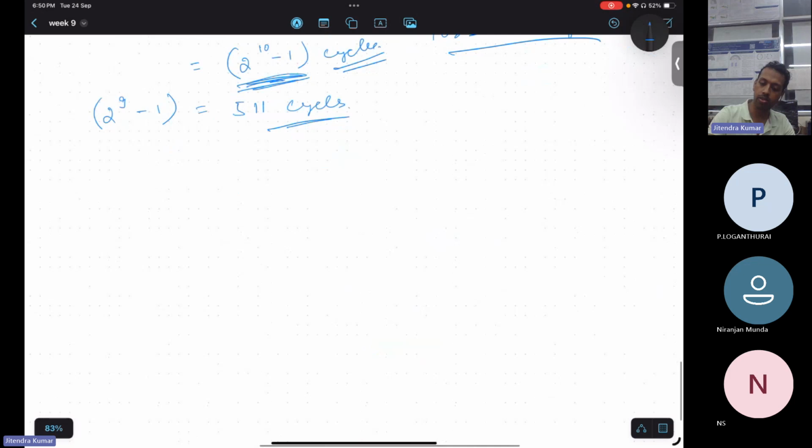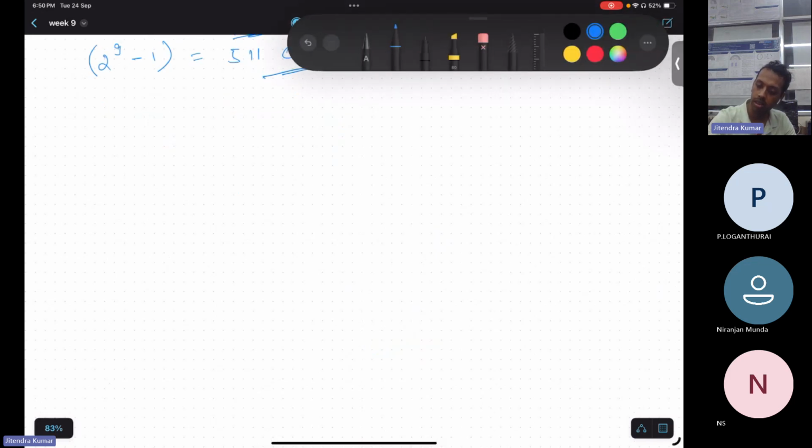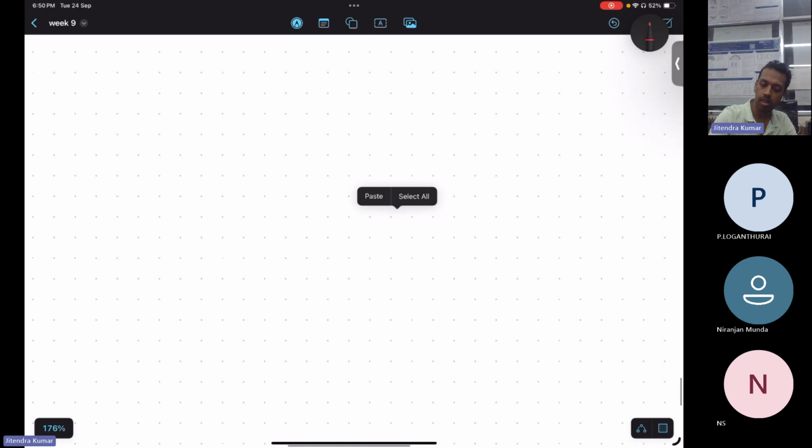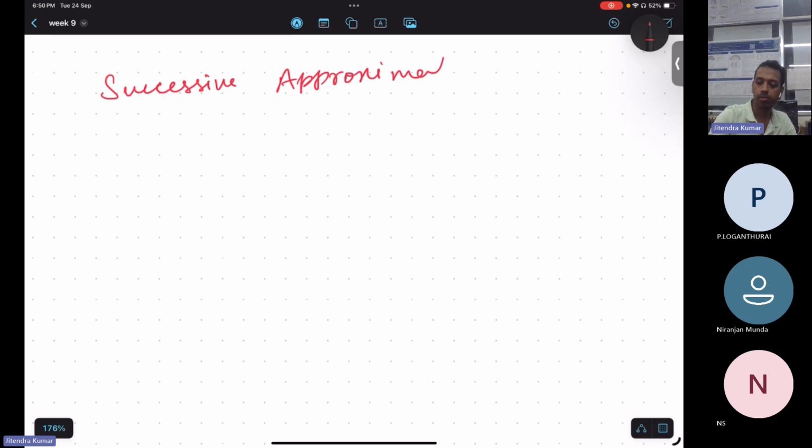We shifted towards our next ADC, which is the successive approximation type voltmeter.